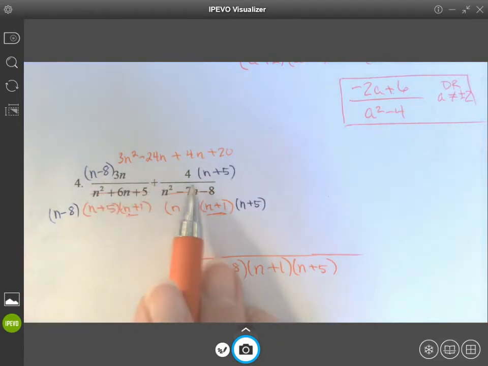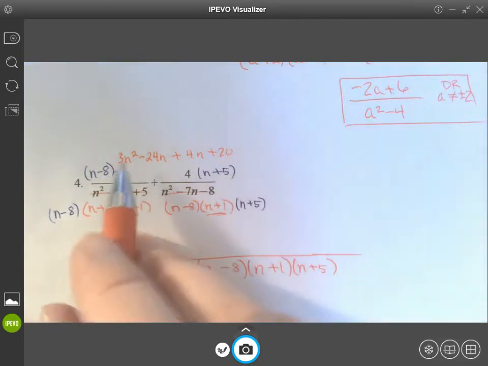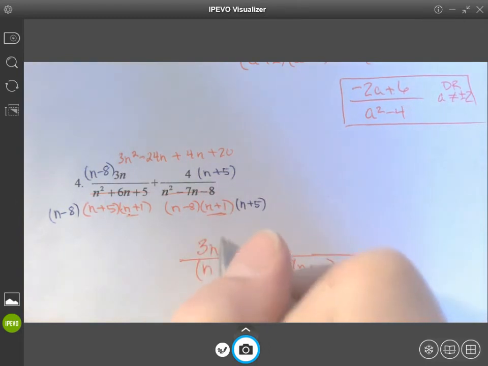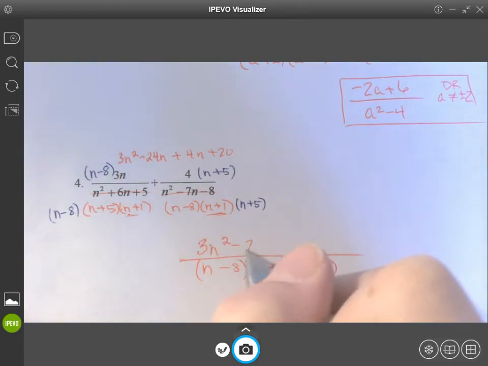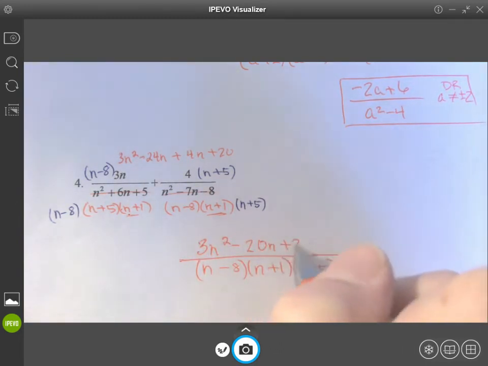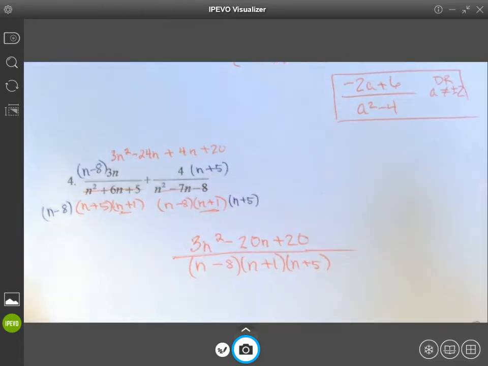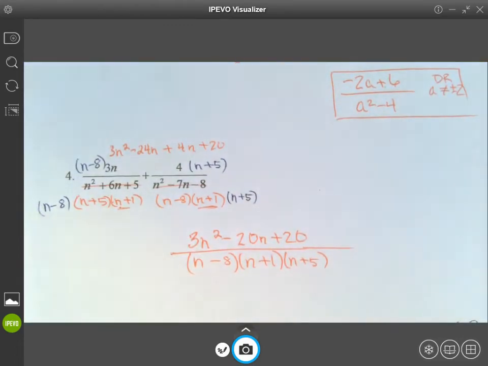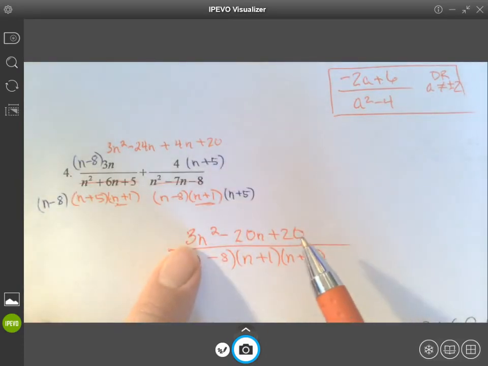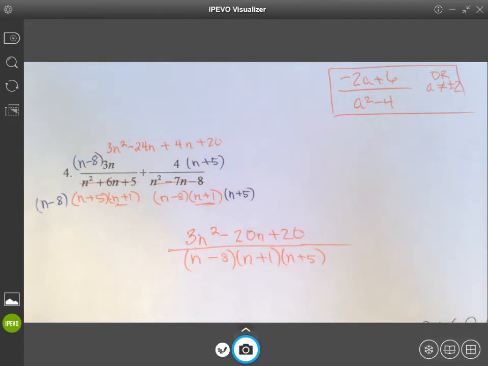I'm double checking my numbers here. So if I add like terms, I would have my 3n squared. I would have a negative 20n and a positive 20. All right, now I know that's not the nicest one to have to factor, but does it? So you would try factoring with 3 and 1. You would try the 4 and 5, 10 and 2, 20 and 1. I will tell you that this does not factor. So we are stuck with this.